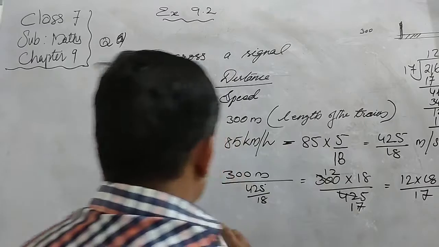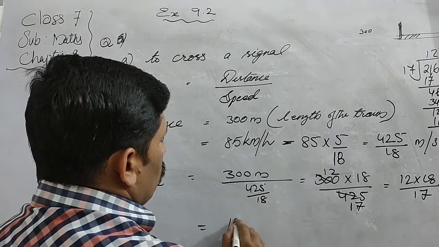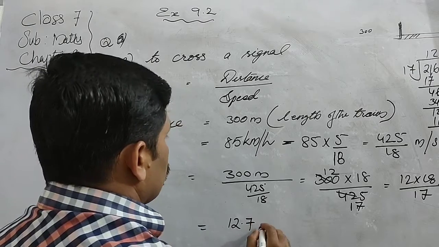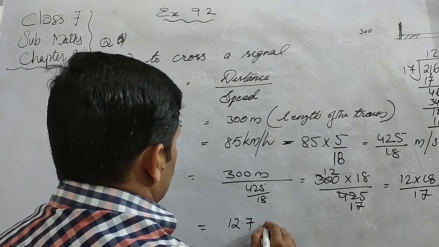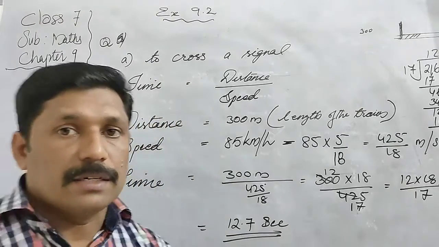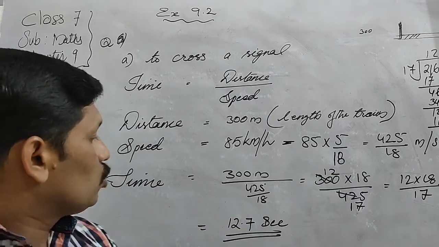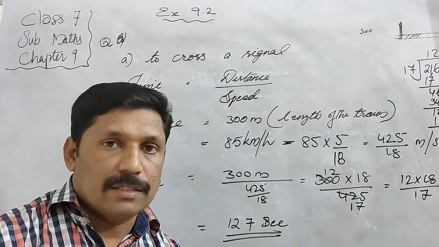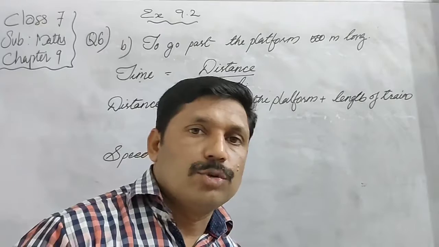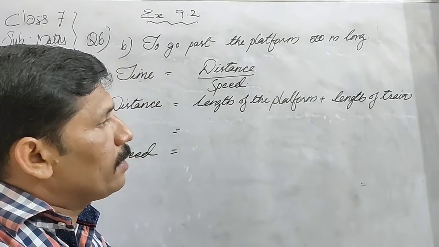So it continues like this. So here we write 12.7 seconds. So in order to cross that signal pole, the train will take 12.7 seconds. Now students, next question, that is to go past the platform of 500 meters long.